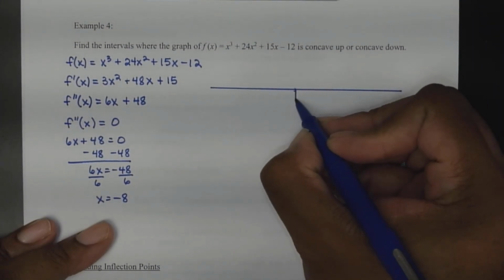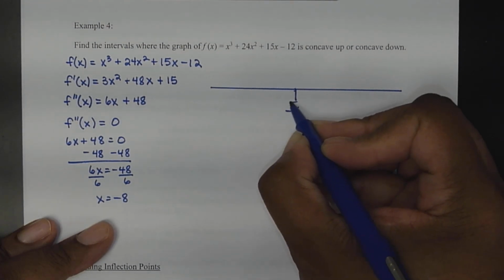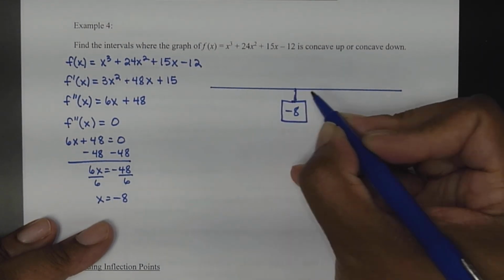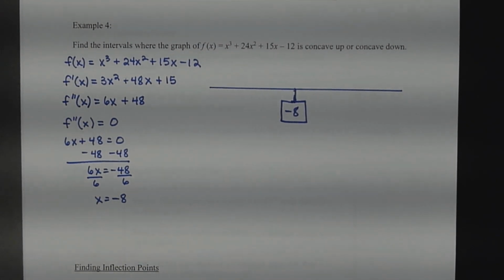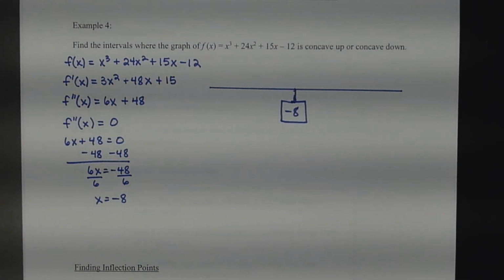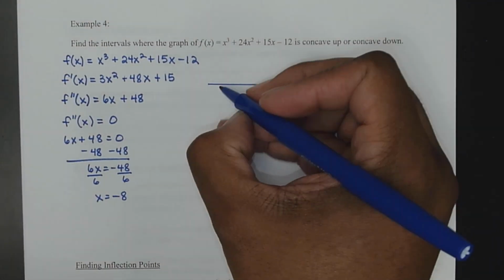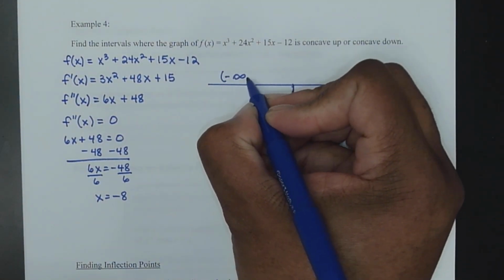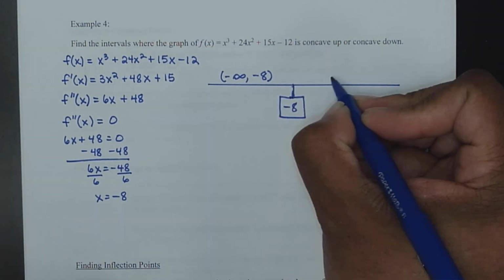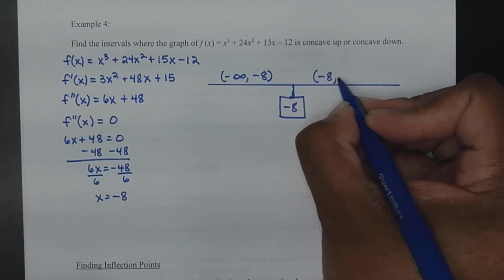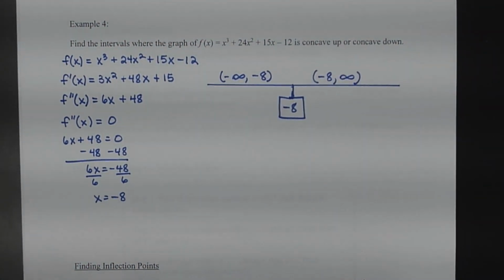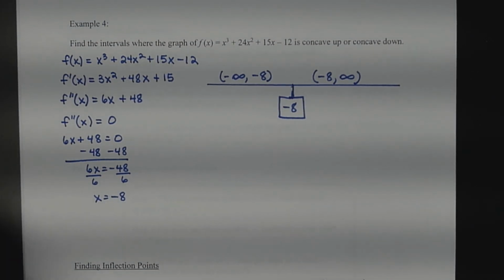Here I'm drawing a chart like this one, and negative 8 is that point. Now, this number is going to separate the number line into two intervals. One will be from negative infinity up to negative 8. The other one will be from negative 8 to infinity. Okay.